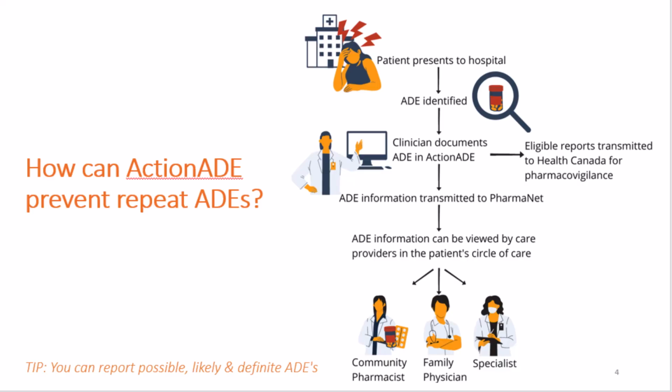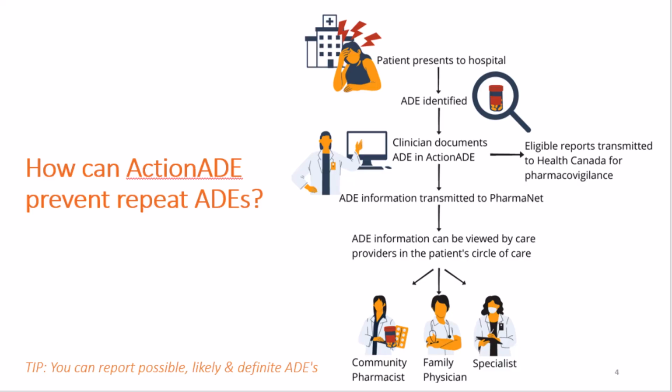The problem is that the current system has a few limitations. PharmaNet does include an adverse reaction field, but it's a free text field. That means people can document information in different ways using different abbreviations or descriptions, which can make it difficult to interpret. On top of that, healthcare providers working in hospitals, physician offices, and long-term care facilities can't add or update information in this field.